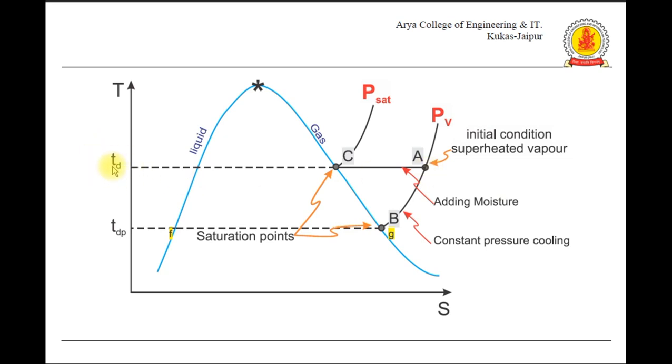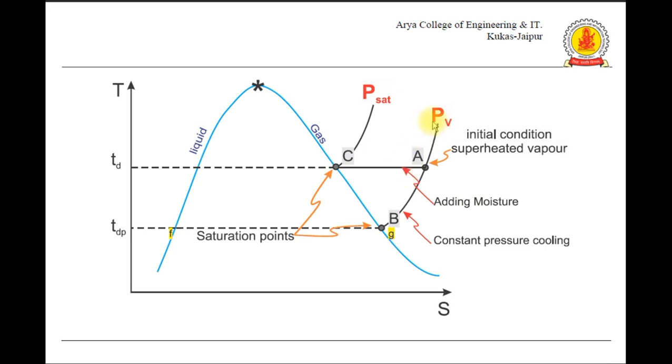Here it is dry bulb temperature, which is crossing the constant pressure line, and we get point A. From this point, if we go to point C, how can we do this? We will add moisture to it. What will happen?